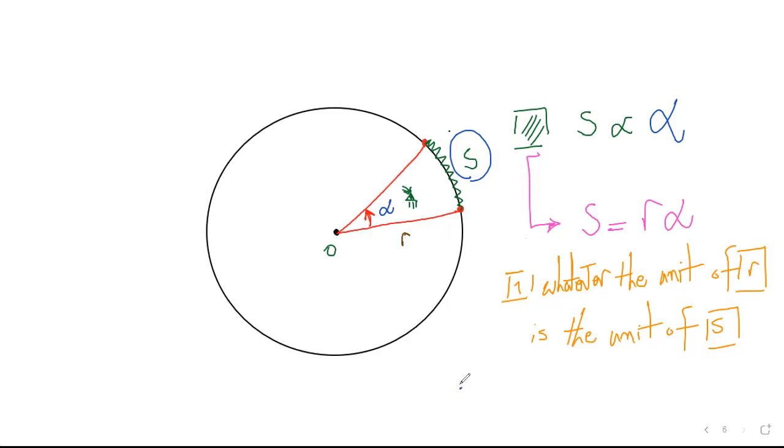The second thing, which is the most important one, and I cannot emphasize that enough, is that alpha is and has to be in radians.